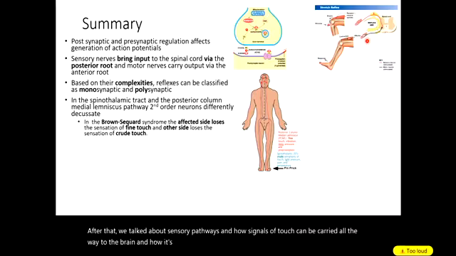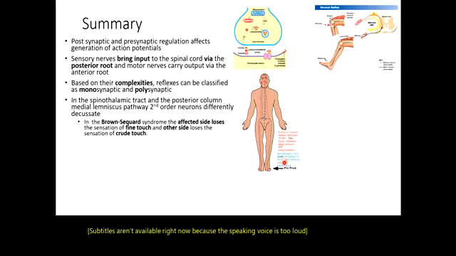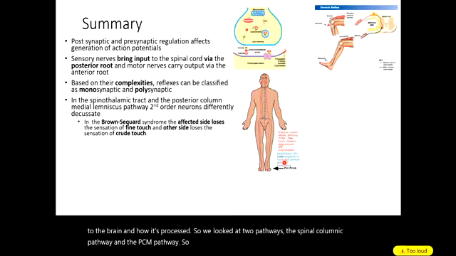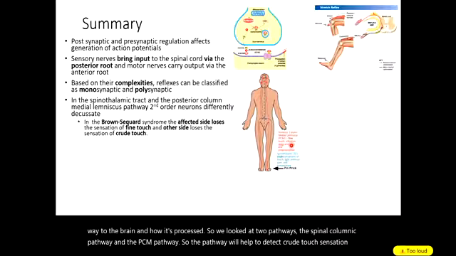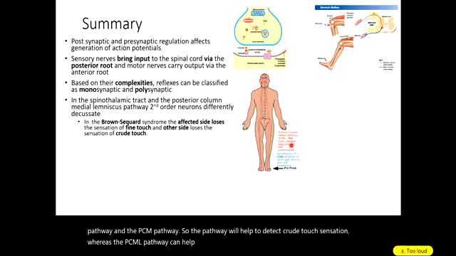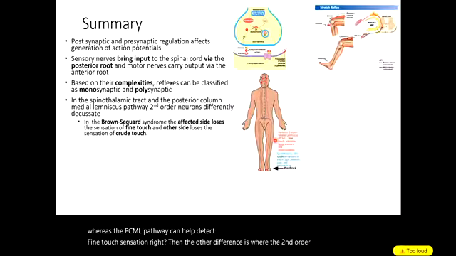So we looked at two pathways, the spinothalamic pathway and the PCML pathway. So the spinothalamic pathway will help to detect crude touch sensation, whereas the PCML pathway can help detect fine touch sensation, right? And the other difference is where the second order neurons decussate, right?